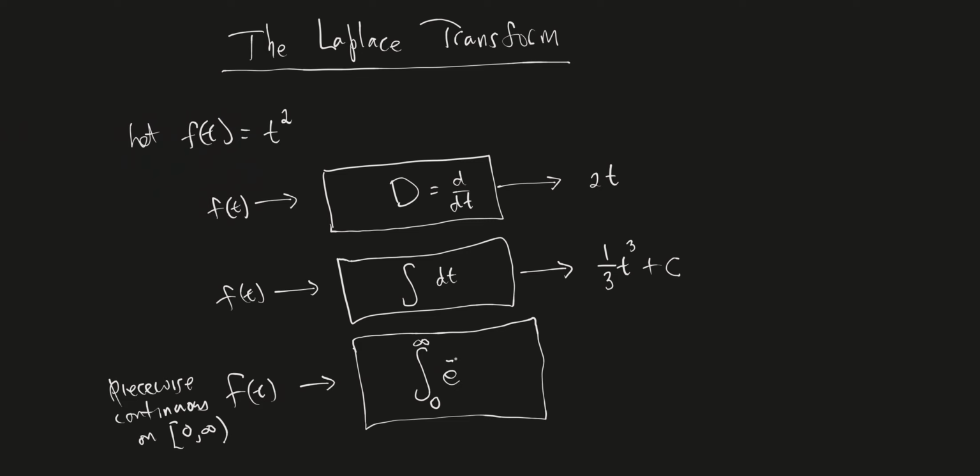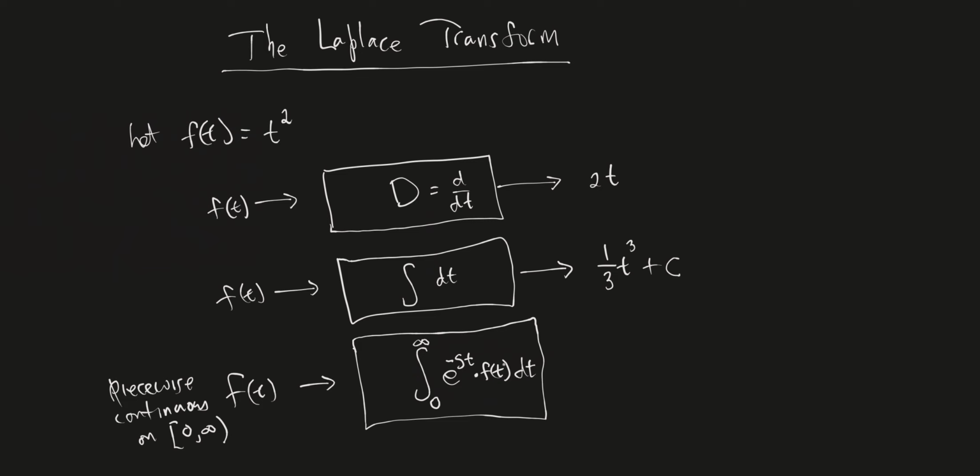It's e to the negative st, and then we're going to multiply our original function by that, and we are going to integrate with respect to t, right? And then it turns out I can't write down specifically what this entire process is called yet. You can see it's a lot more involved than a derivative and just a basic antiderivative.